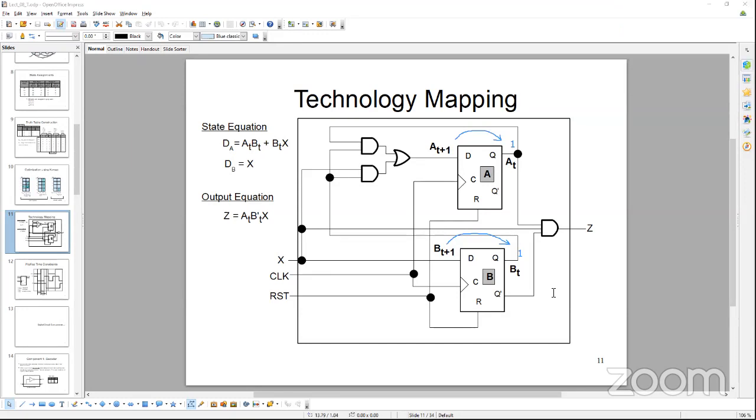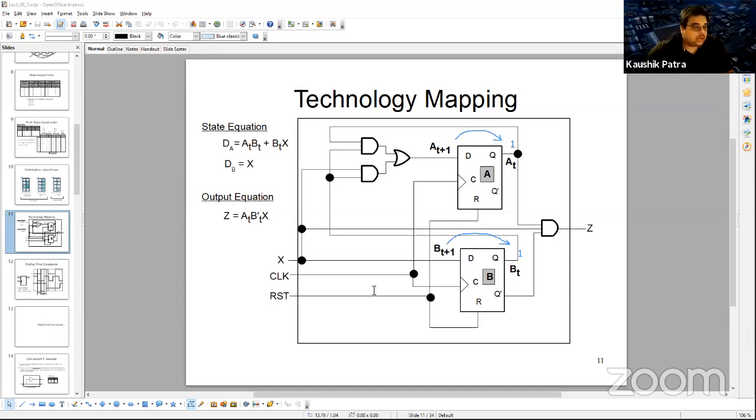Yeah, that part makes sense. Can you talk about the output? So each cycle, the two state bits and the X come together to create the Z. So when is that Z read by the outside world? Oh, for the outside world.